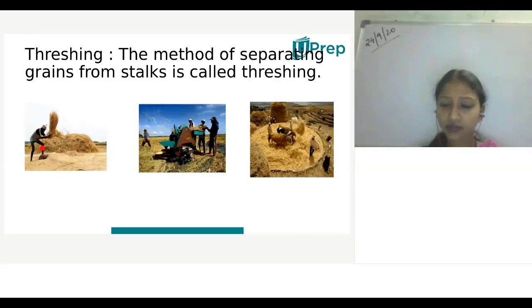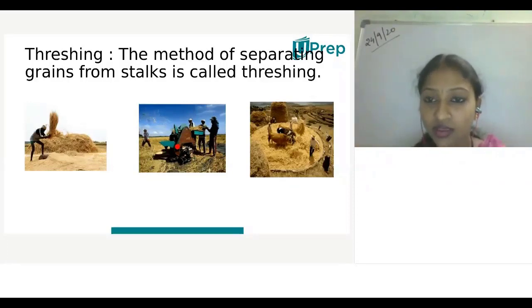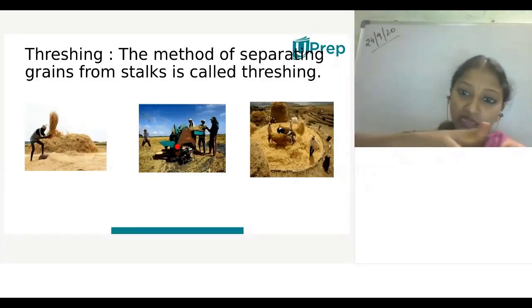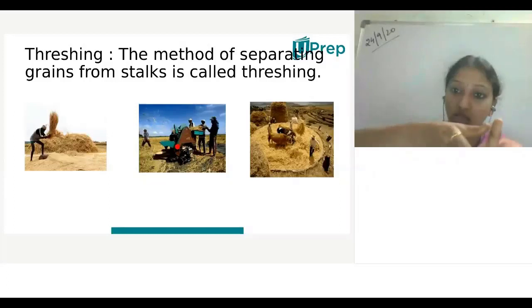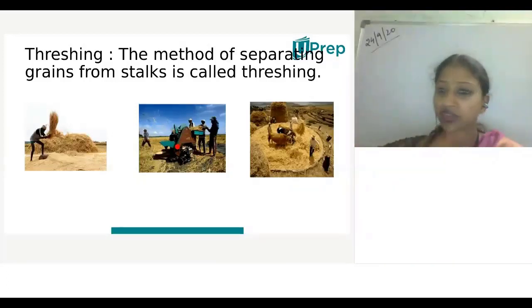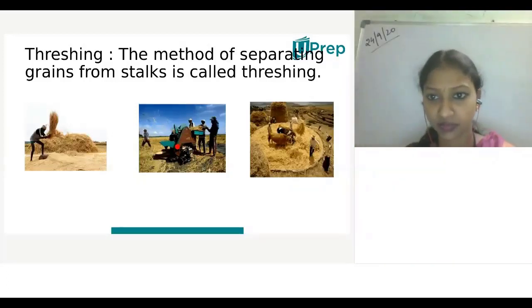The other technique is also threshing only. Here the machine is used. Like how sugarcane juice is extracted from sugarcane, they insert a bulk of stalks, and within no time they separate the grains from the stalk.